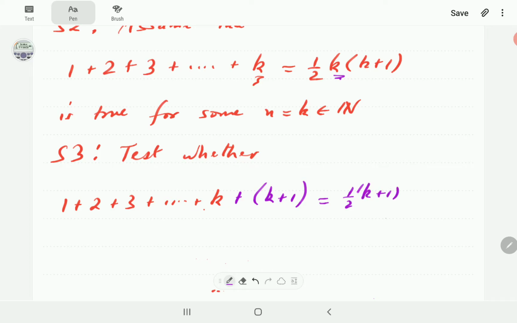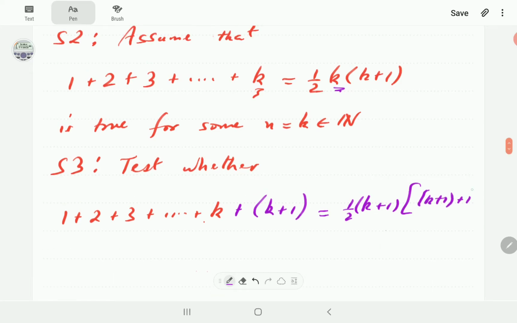So k plus 1 there, and then k plus 1 plus 1.